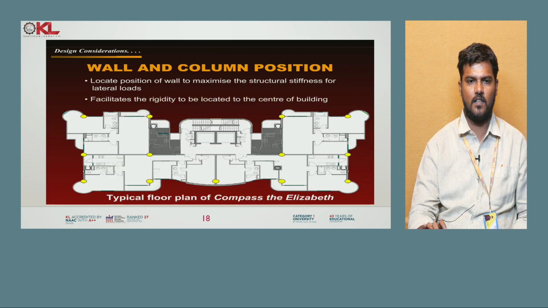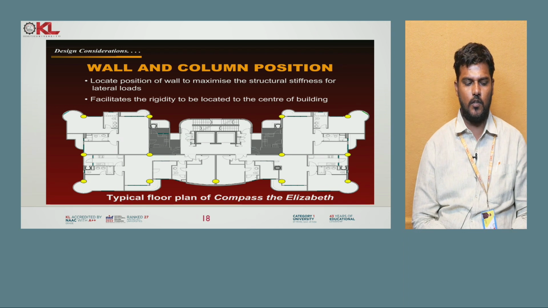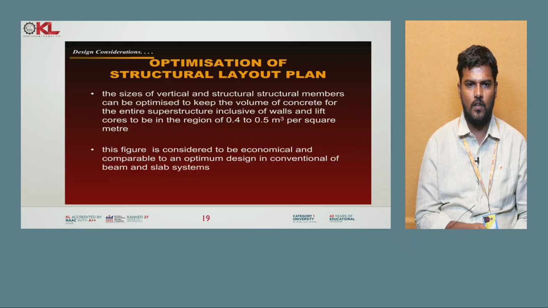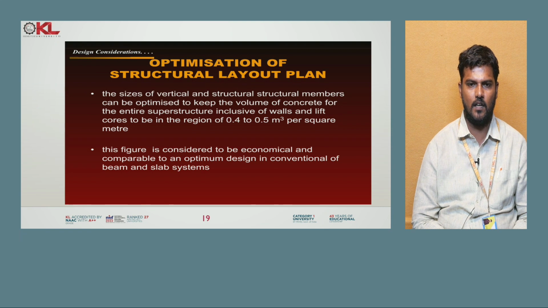Coming to the design considerations, for wall and column position, locate the walls and columns to maximize the structural stiffness for lateral loads. The structural layout plan and the sizes of vertical and structural members can be optimized to keep the volume of concrete for the entire superstructure, inclusive of walls and lift cores, in the region of 0.4 to 0.5 cubic meter per square meter.